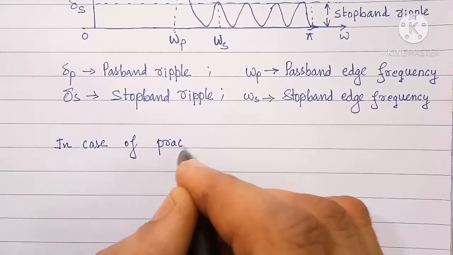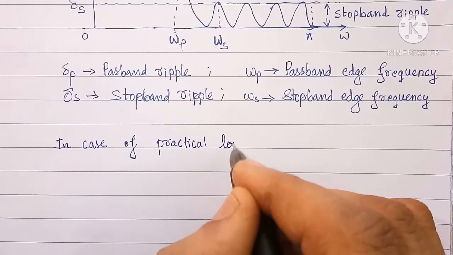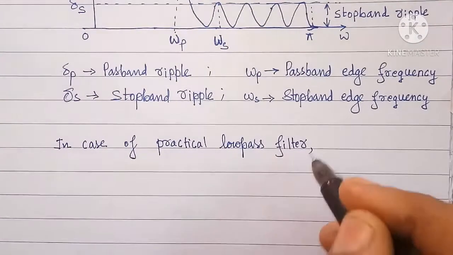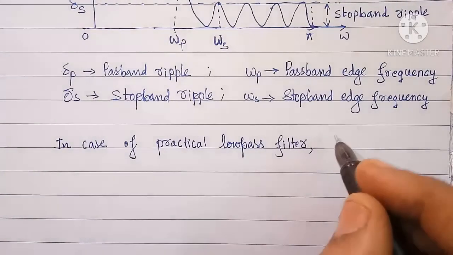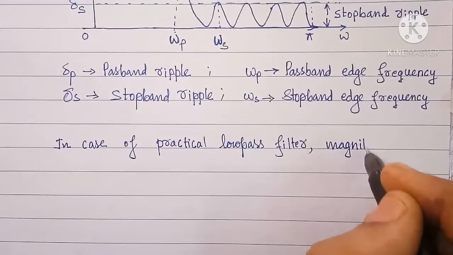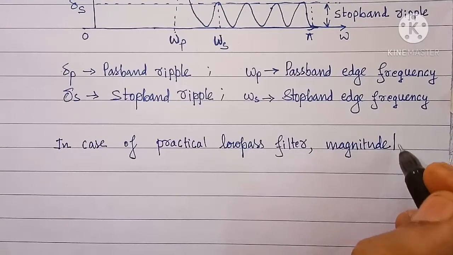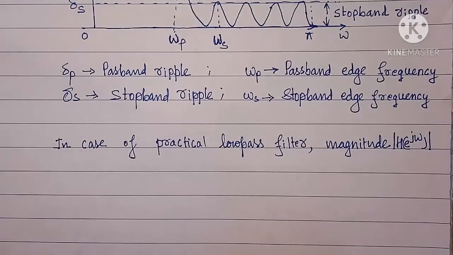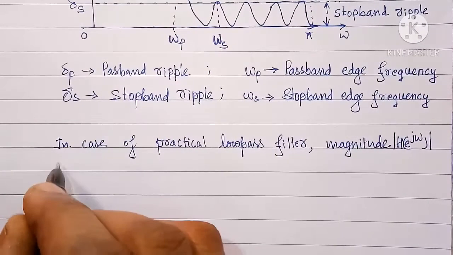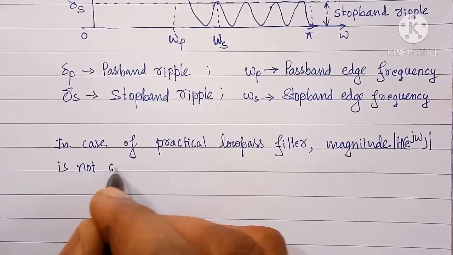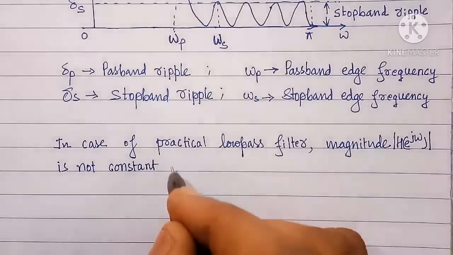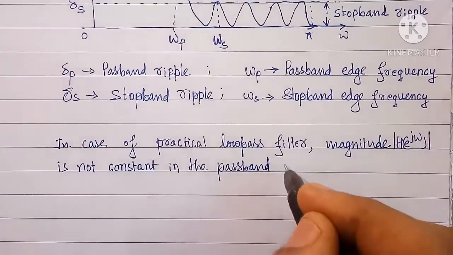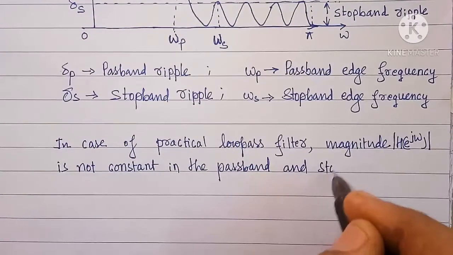In case of practical low pass filter, magnitude is not constant in the passband and stopband.